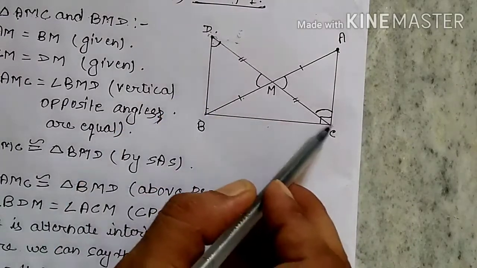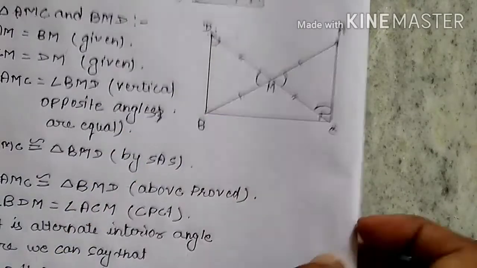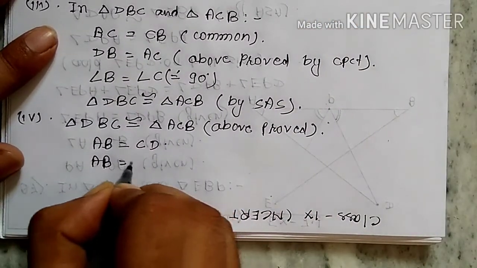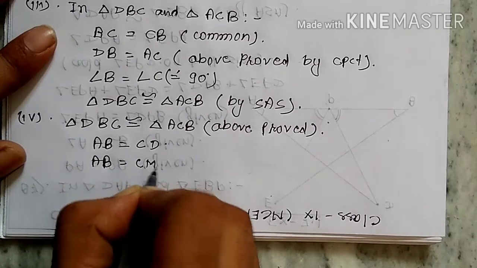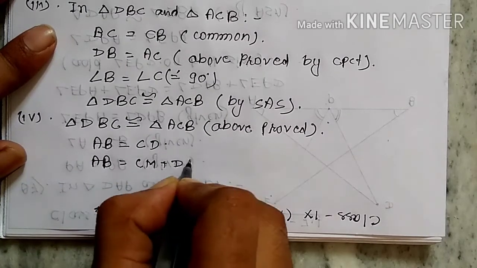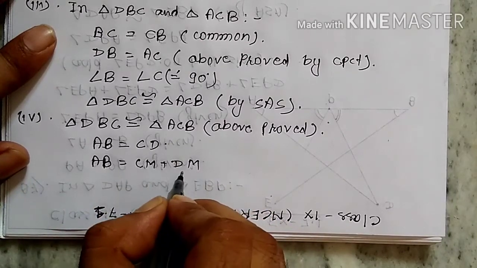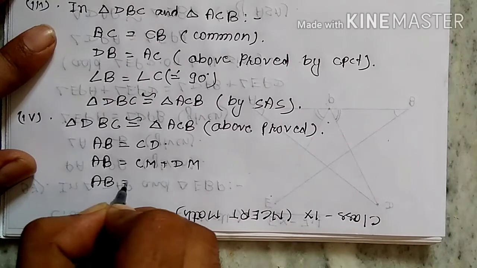So AB is equal to CD is equal to CM plus DM.